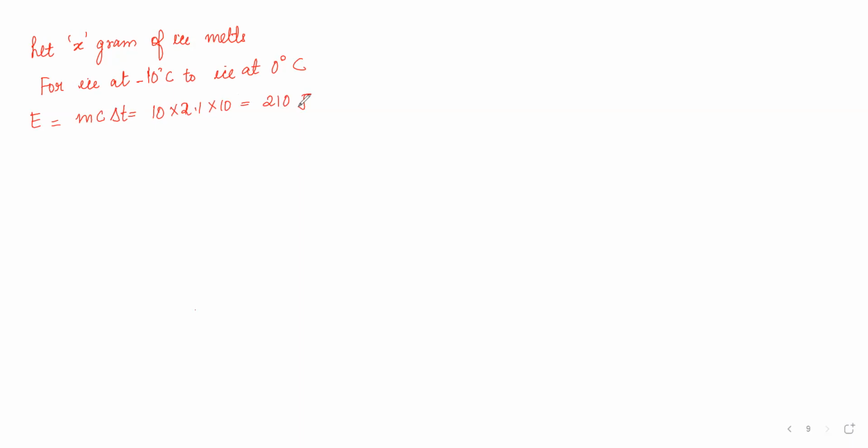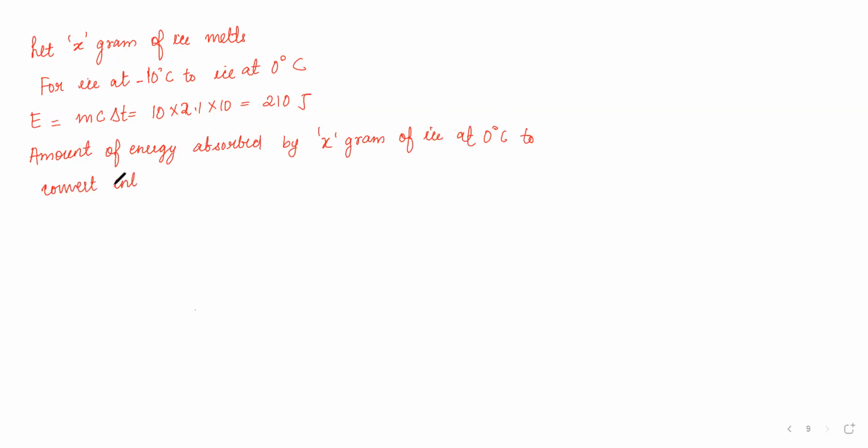Okay. Now what you will be writing, that amount of energy absorbed by, see, the entire amount is melting first that you are getting, but then we will say that the x gram that you have taken is taking, okay, of ice at 0 degree to convert into water at 0 degrees.